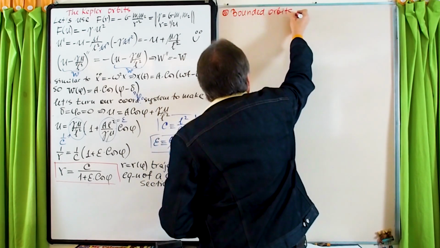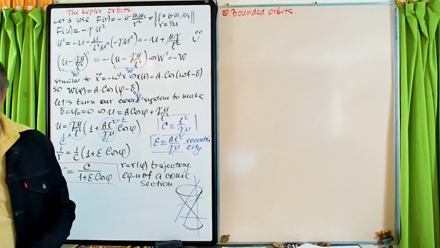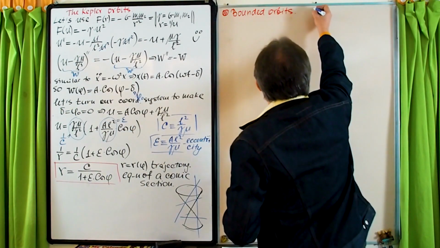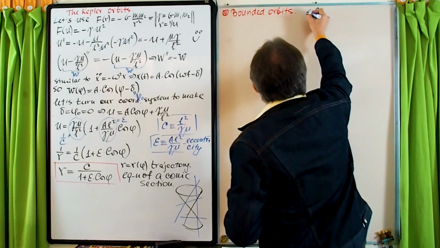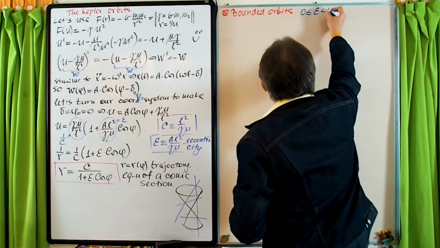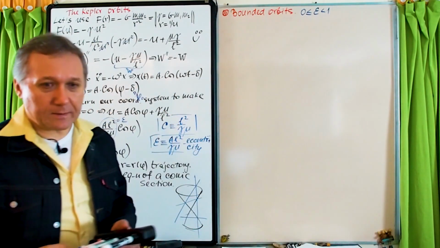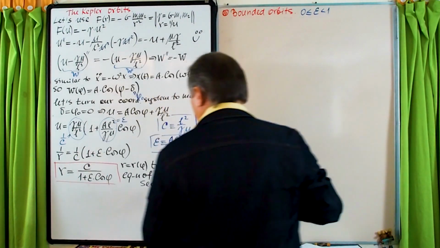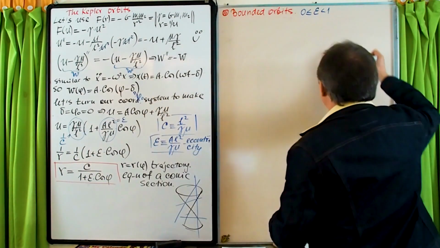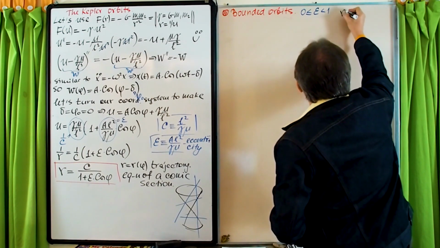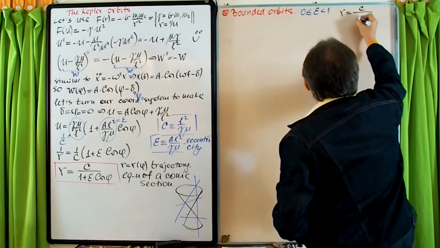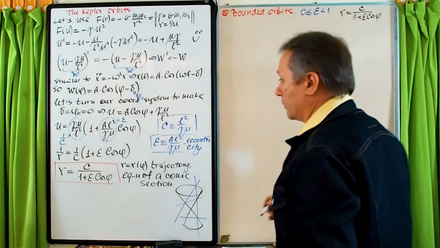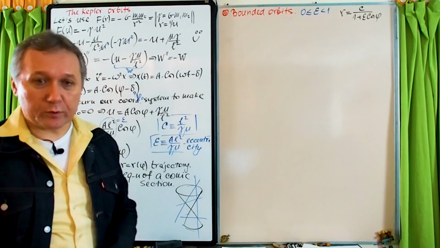Of course, you understand that these are circles and ellipses, right? Eccentricity, which is very important, is now larger than or equal to 0 and less than 1. Let me rewrite our answer one more time: r equals C over 1 plus epsilon cosine phi, because at some point I will start erasing this, and I want to have it there.